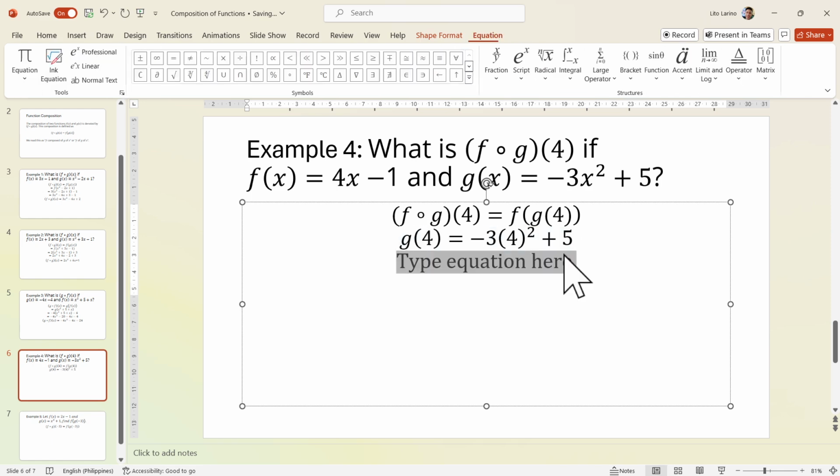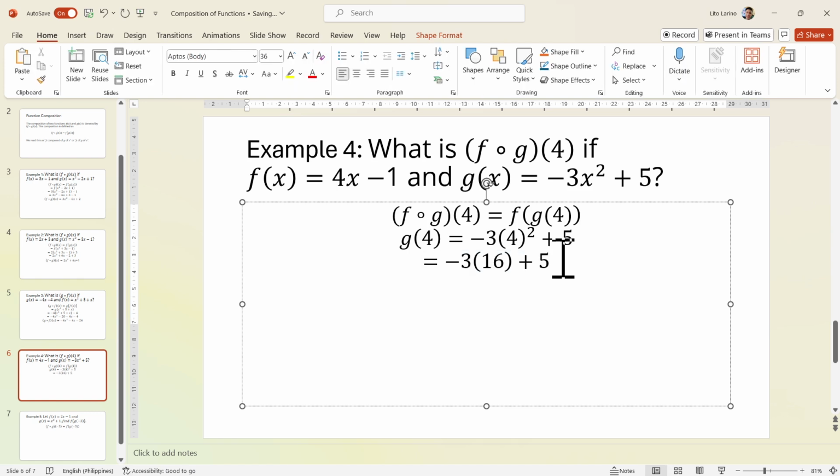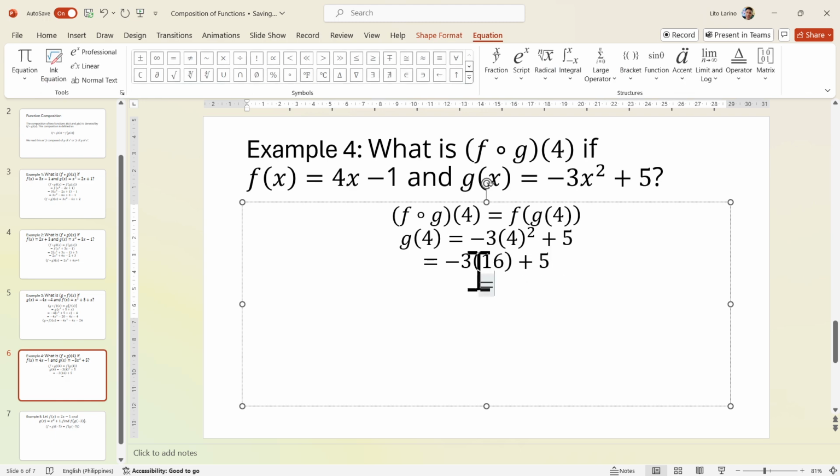And this is equal to negative 3 multiplied by 4 squared, which is 16, plus 5. Continue the process. We have negative 3 times 16 is negative 48 plus 5, and that is equal to negative 43.